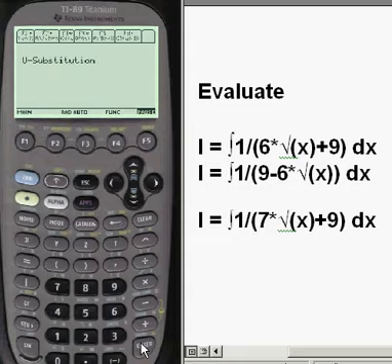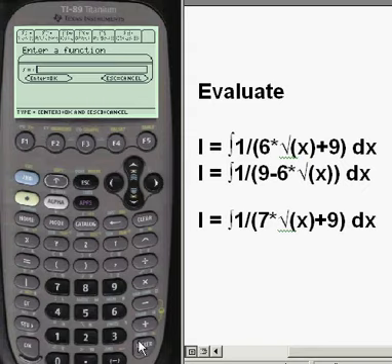New problem? Yep. No secant. Hope we get lucky here now. I'm going to go slow. Alpha 1 divided by 7 times the square root of x plus 9.